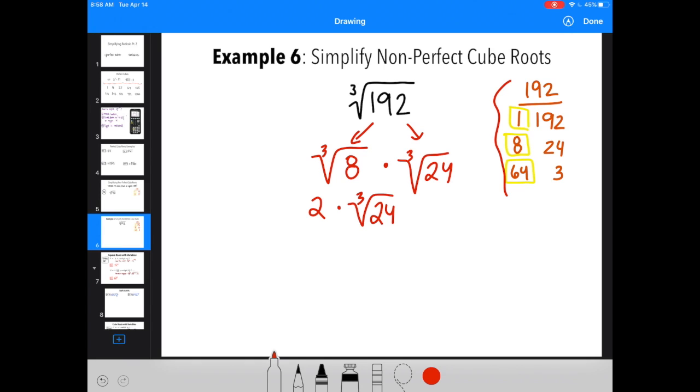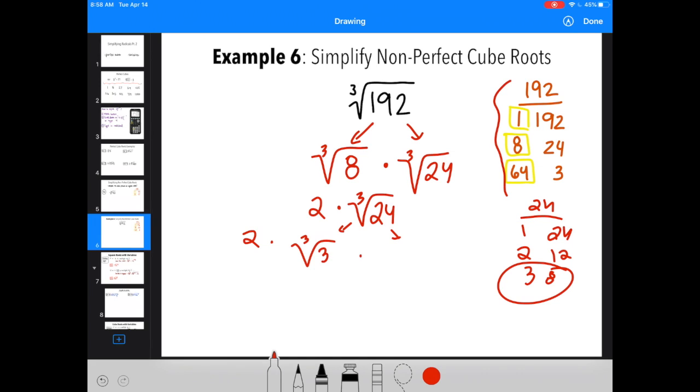Okay, cube root of 24, that is not simplified. So let me make my list for 24. I have 1 and 24, 2 and 12, 3 and 8. 8 is a perfect cube. So I'm going to break that apart again. So cube root of 24 breaks up into cube root of 3 multiplied by the cube root of 8. Simplify that down.